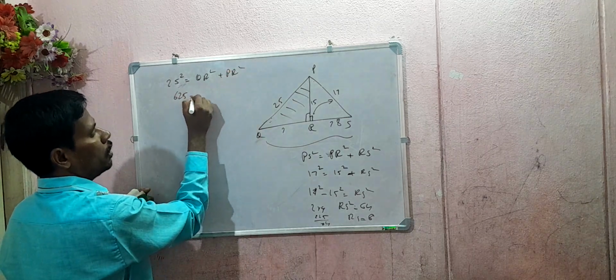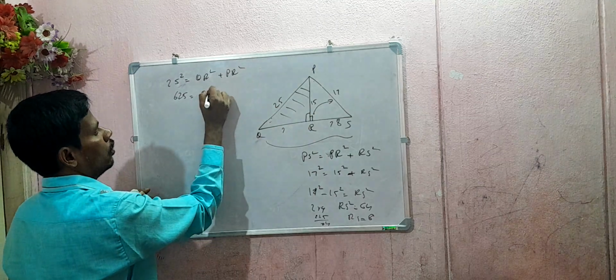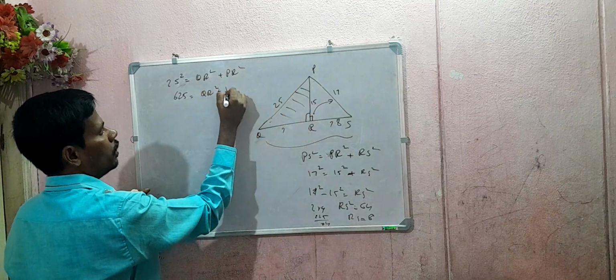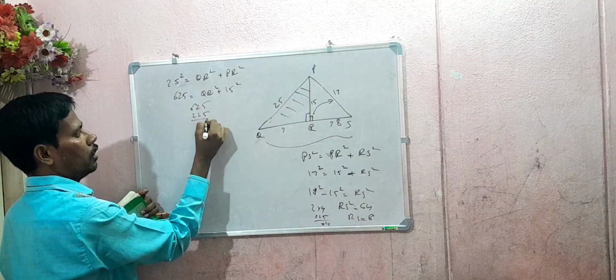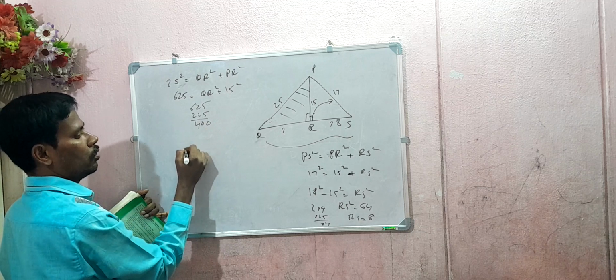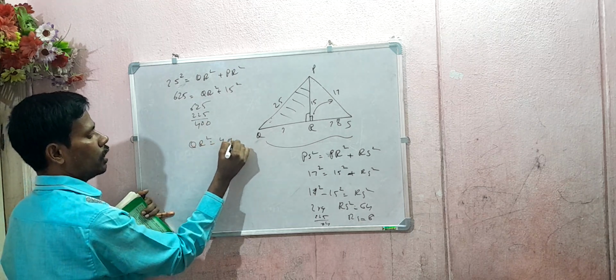So 625 is equal to QR square, we don't know, plus PR is given as 15. So 625 minus 225 is 400. So that means QR square is equal to 400.